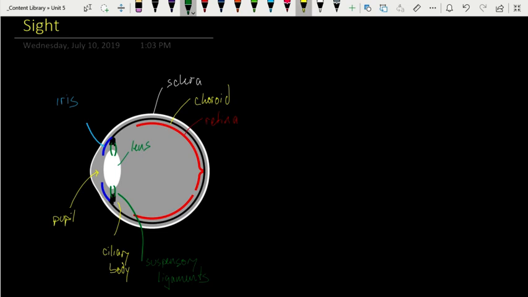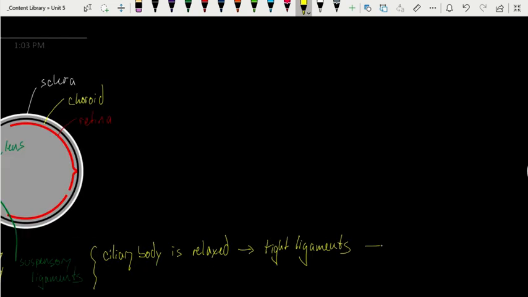If the ciliary body is relaxed, this results in tight ligaments, and that accommodates looking in the distance.